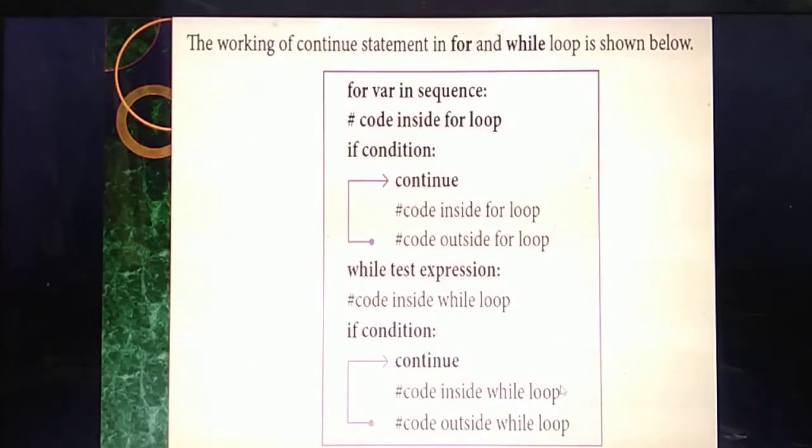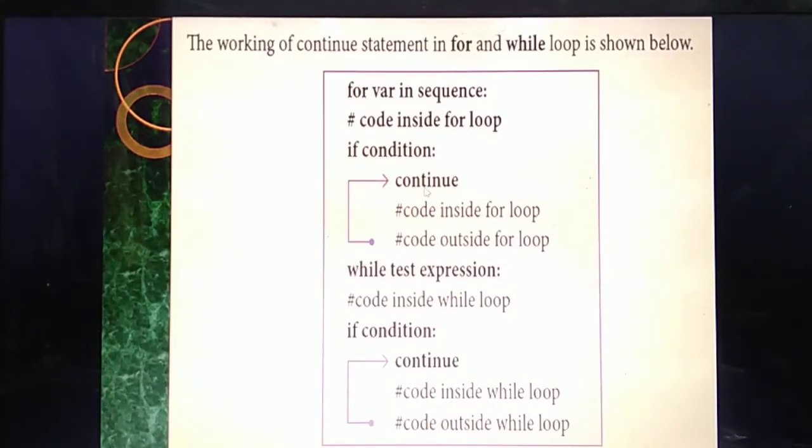It is the same as what you have already studied, but last time you gave the keyword break. Instead of the keyword break you should give continue, and the arrow mark you also need to change. That is very, very important. First, inside which loop are you giving? For loop. What's the syntax, student? For variable in sequence, isn't it? Then inside the for loop you are giving some condition, so the if condition.